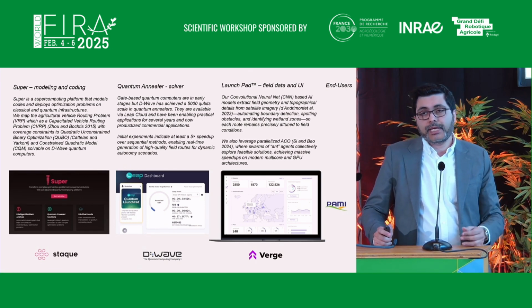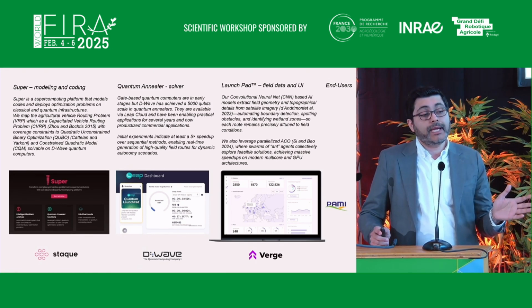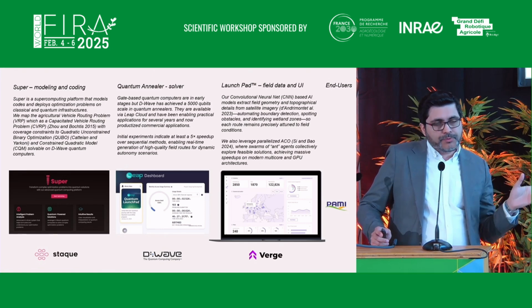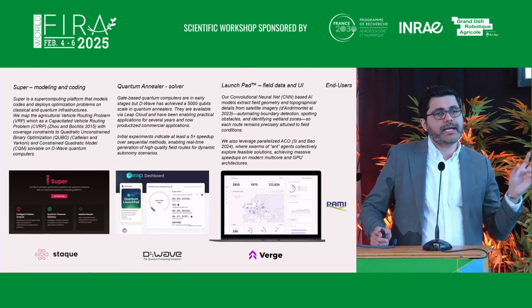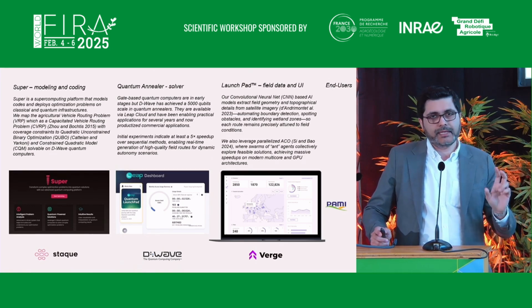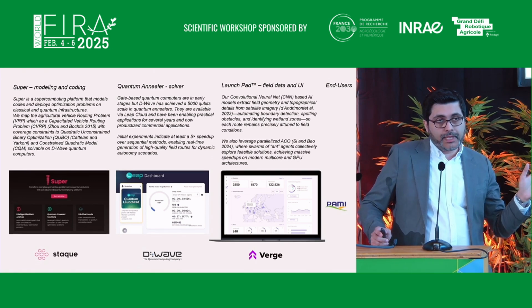Launchpad also takes care of handling terrain, boundary processing, all the stuff needed to make routing happen. Through Launchpad, the customer, the end user, like PAMI, interacts with the routes and with the analysis. So all the data comes from Launchpad, okay?